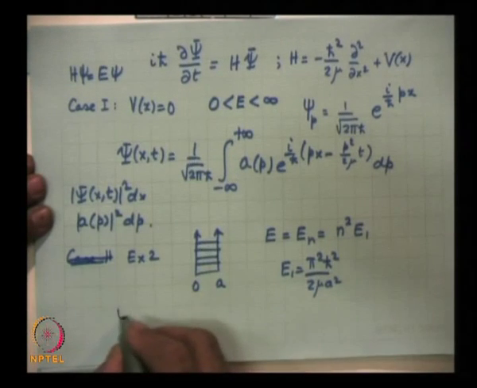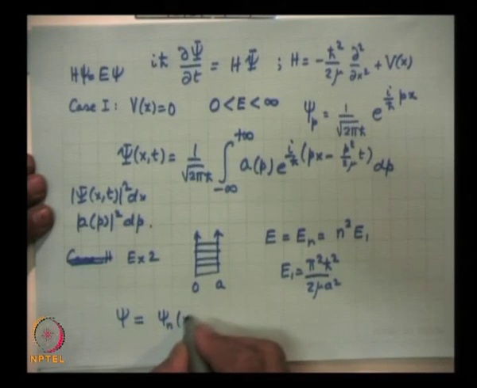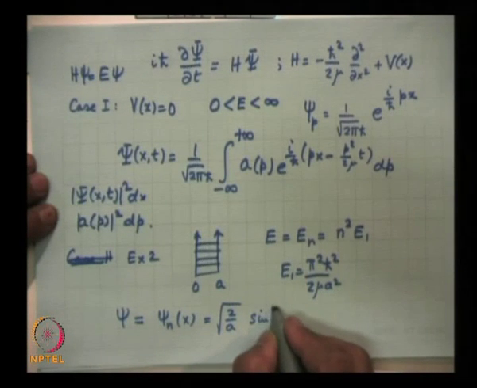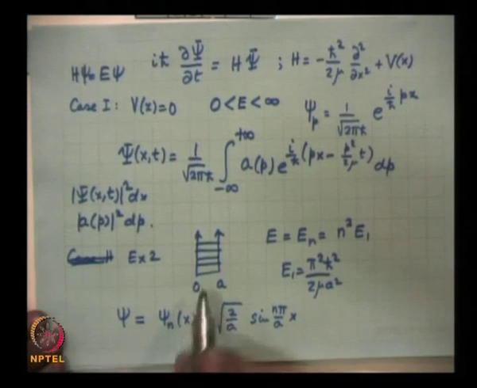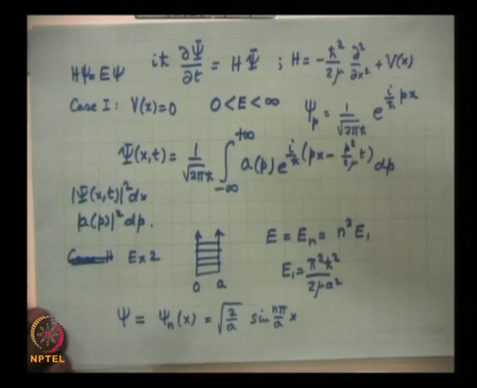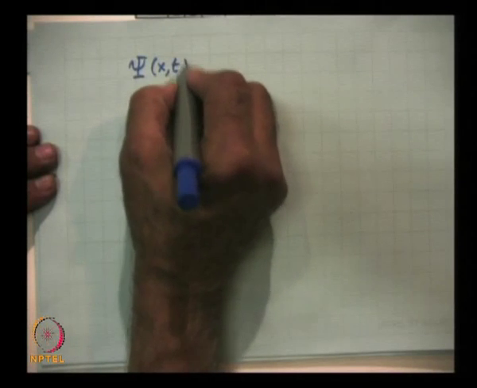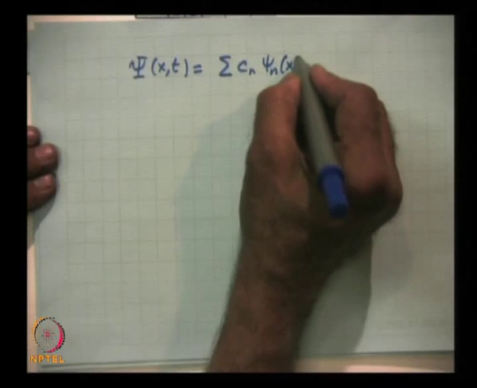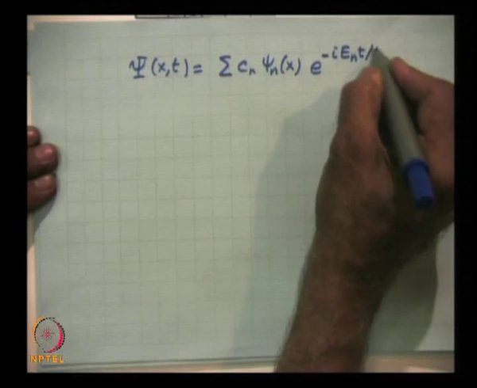We found that the wave functions were psi n of x equal to root of 2 by a sine of n pi by a x. These form a complete set of wave functions in the domain 0 to a, and these are the eigenvalues. The most general solution of the Schrodinger equation, as I have tried to demonstrate through the software, will be psi of x t equal to the sum of C n psi n of x e to the power of minus i E n t by h cross.